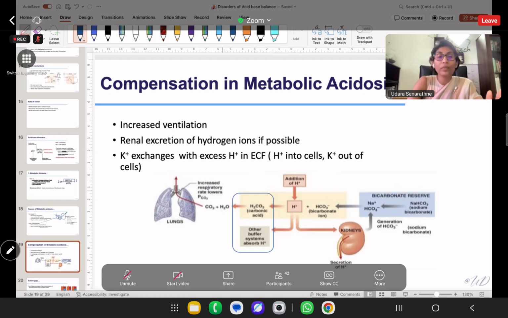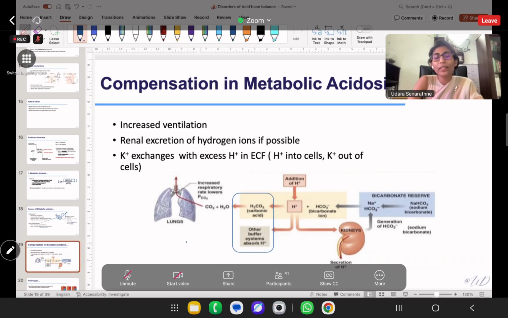the lungs, what would they do? They can expel more carbon dioxide out and help the system get the acid-base status back to normal.